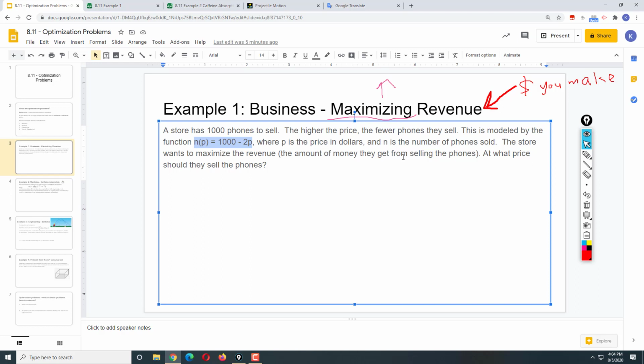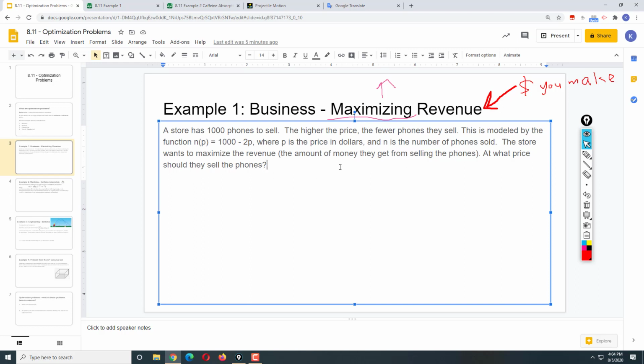So the store wants to maximize the revenue, the amount of money they get from selling the phones. At what price should they sell the phones? If they set the price too high, they can make more money for each phone, but not very many people will buy the phone. If they set the price too low, they're not making enough money for each phone.